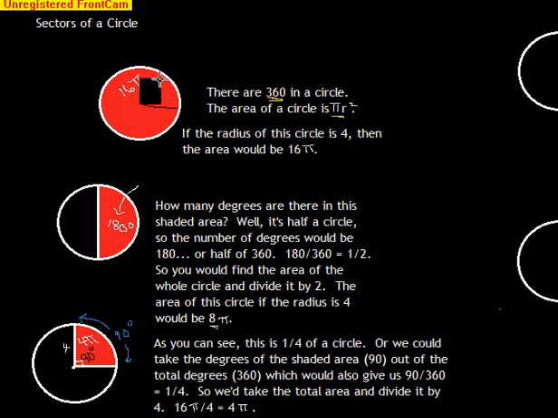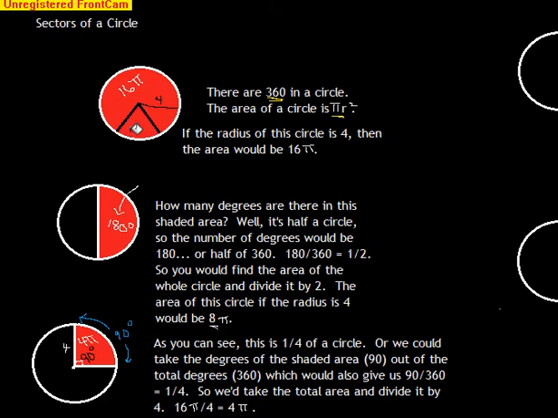Whoops, that's not what a sector looks like. Hold on a sec. A sector of a circle would be something like this, and then it would be filled in like that. That's a sector of a circle. It goes from the center. It's two radii that connect out towards the circle. So we're going to find the area of these.